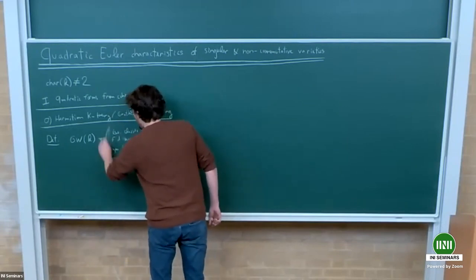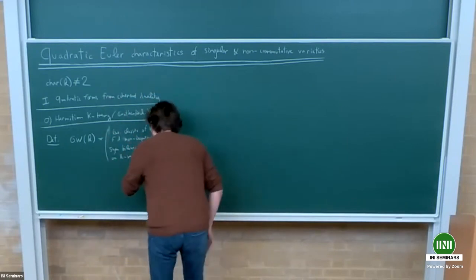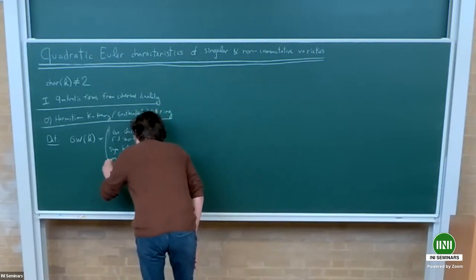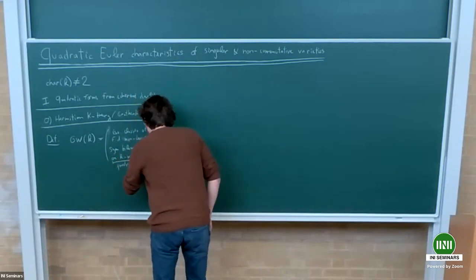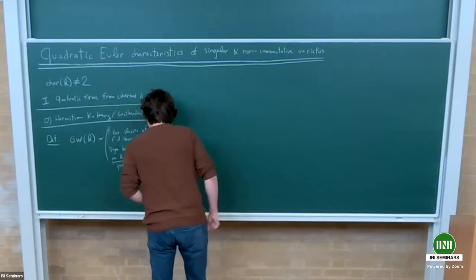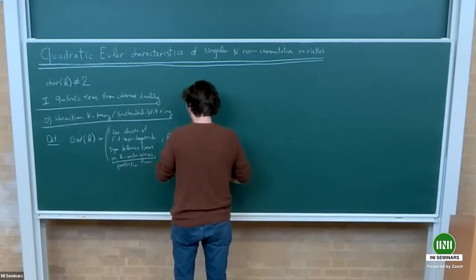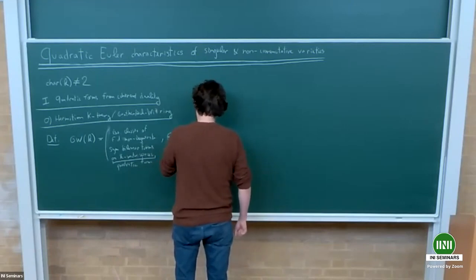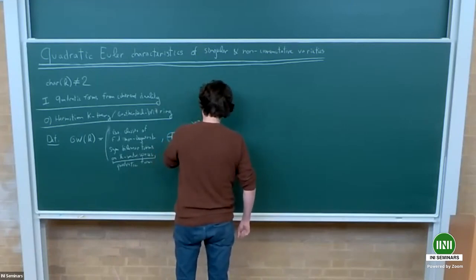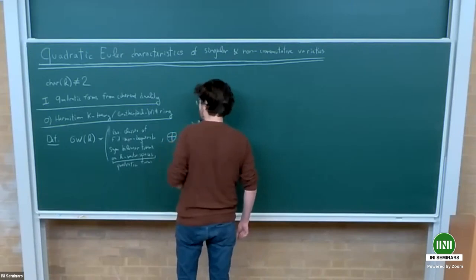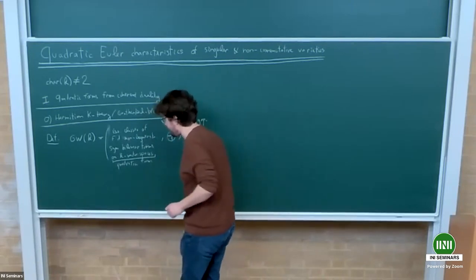And because I made this assumption, I have the right, and I will abuse that right, to call this a quadratic form. So every time I say quadratic form, it's assumed to be finite dimensional non-degenerate. This has a natural operation of direct sum, or orthogonal direct sum, and a tensor product. And so if I take the group completion of this, I get a ring.